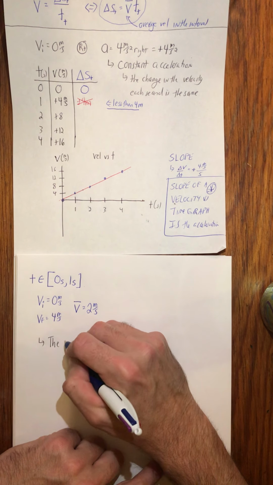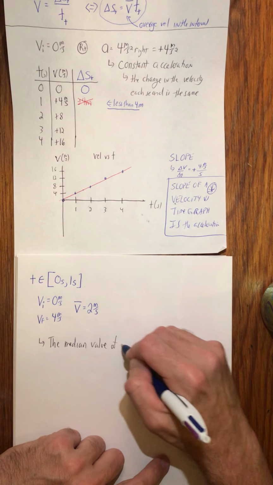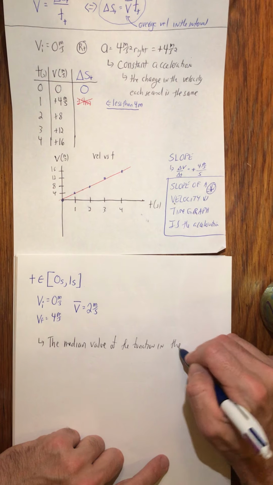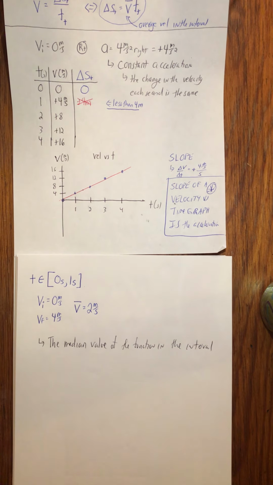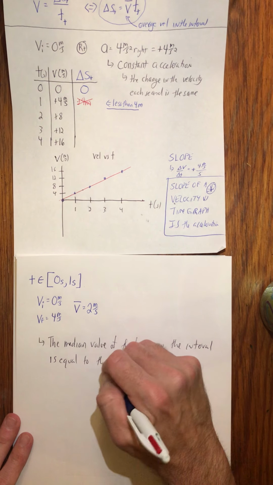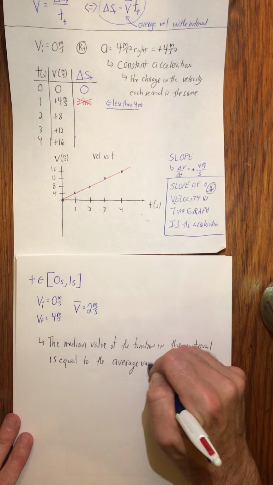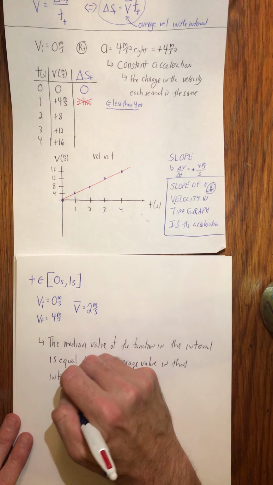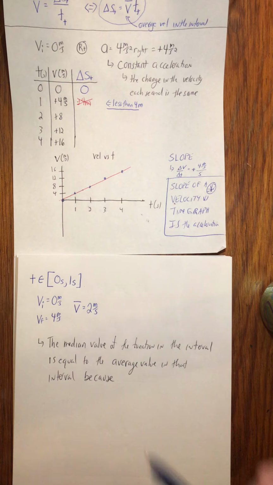So here, the median value of the function in the interval, and we're going to say is equal to the average or mean value in that interval. And I'm going to have a question mark here because that's not always a true statement, right?